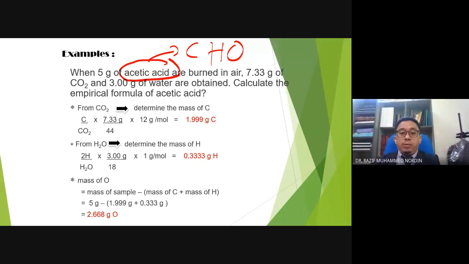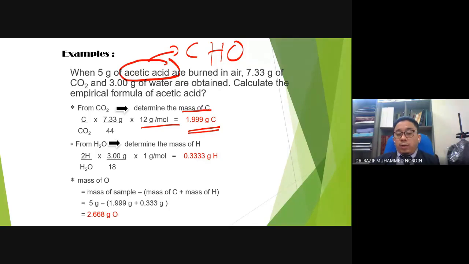So from CO2, you can calculate the percent of carbon or determine the mass of carbon. Times 12, you will get 1.999 gram for carbon. Okay. Do not round yet.